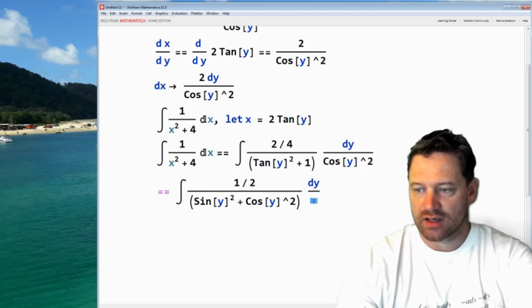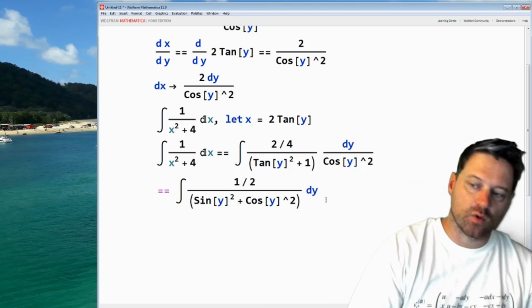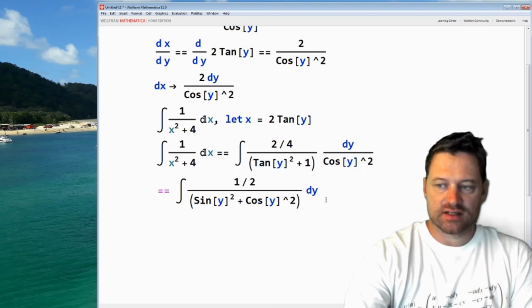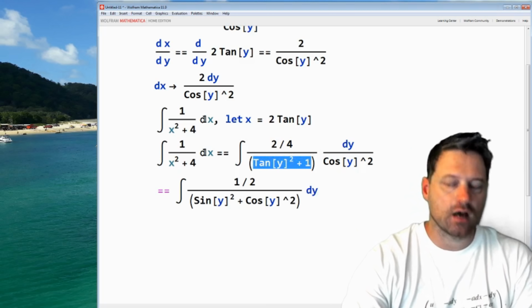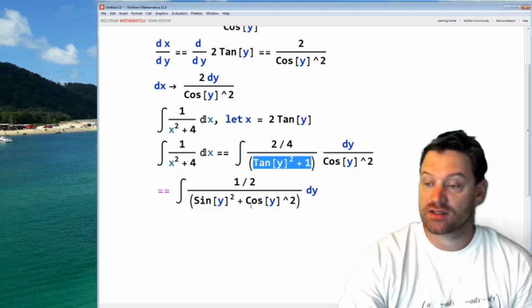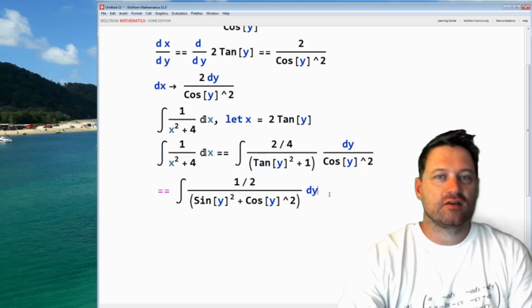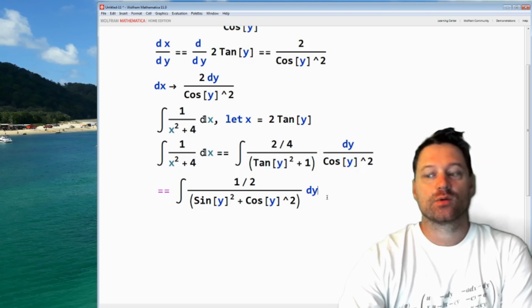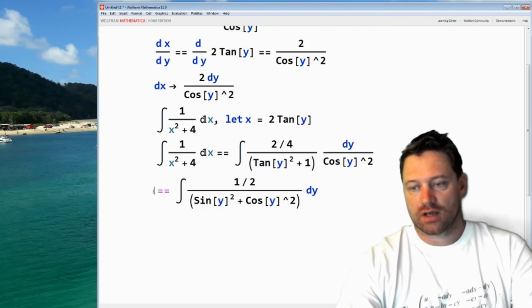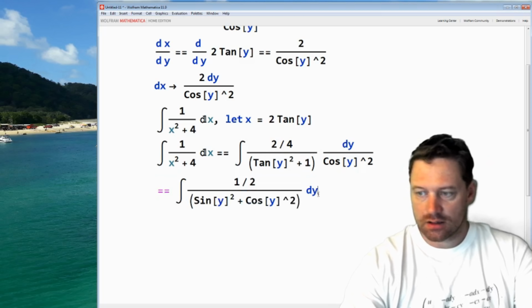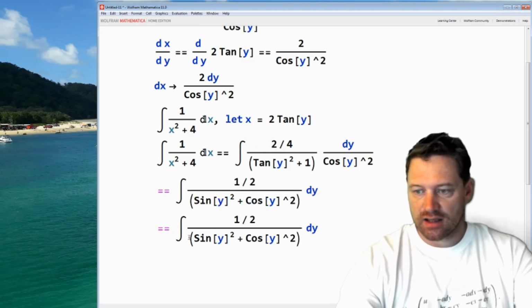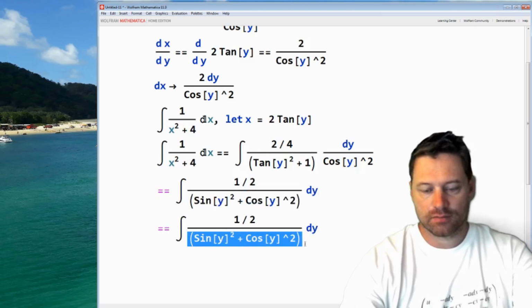Okay, so now having distributed that cos squared y over the sum, we have sine squared y plus cos squared y. If you remember your trig rules, that is equal to 1. So let's come down and say that this is just 1, right?